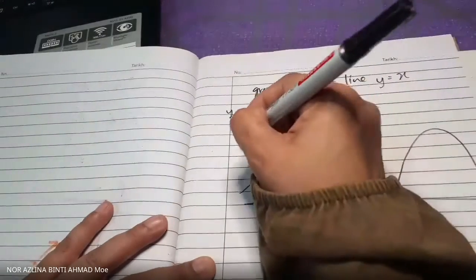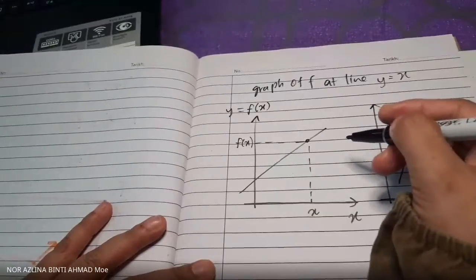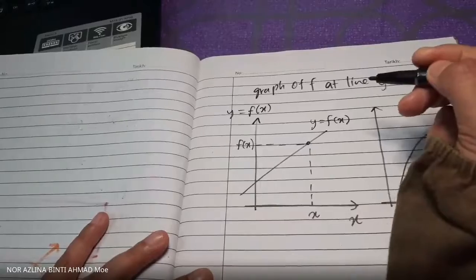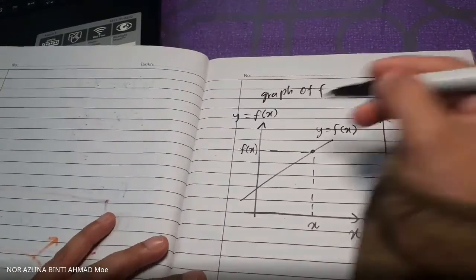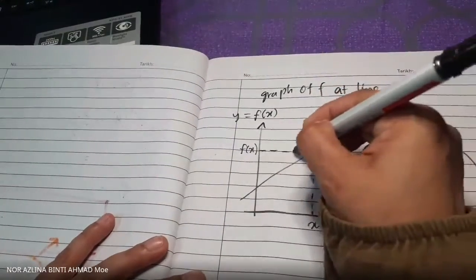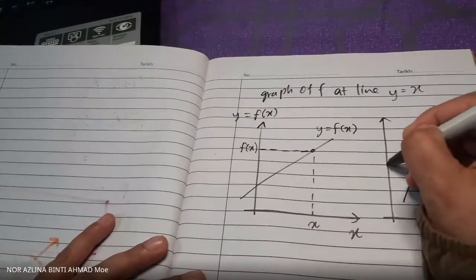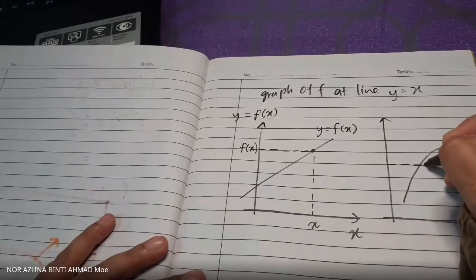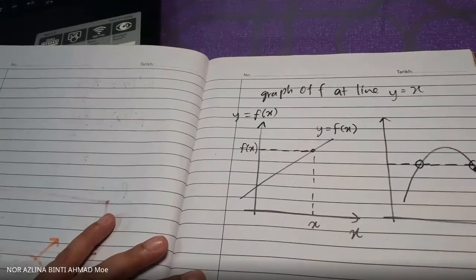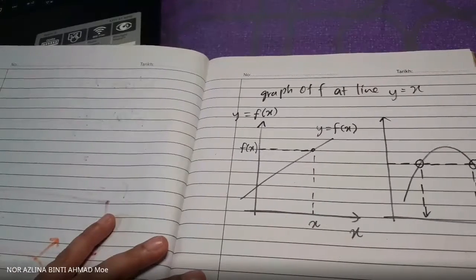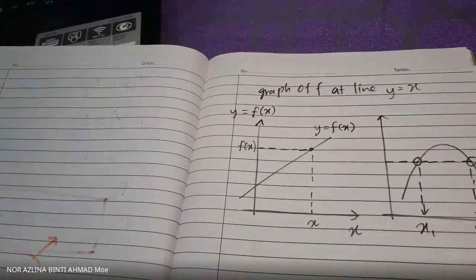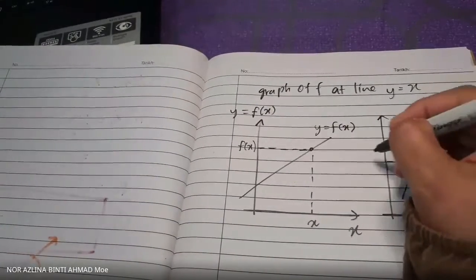So nilai di sini adalah f(x) for the function y equal to f(x). Ini namanya horizontal line test. So, saya ambil ni satu lagi. Bila saya buat horizontal line test, saya ada dua nilai x. So ini akan ada nilai sini, ini akan ada nilai ni. This is x1. This is x2. And here f(x).